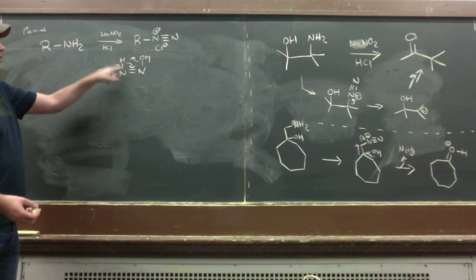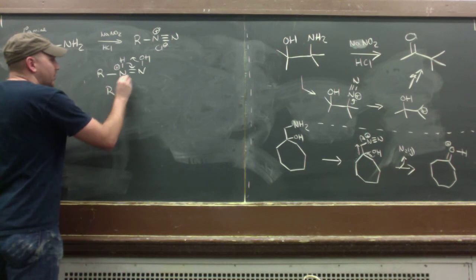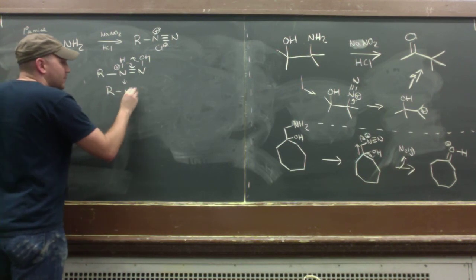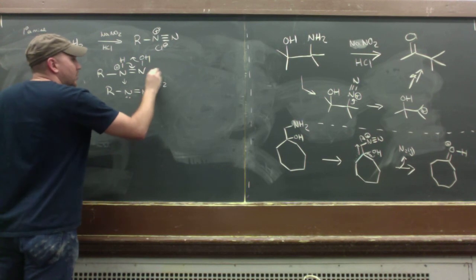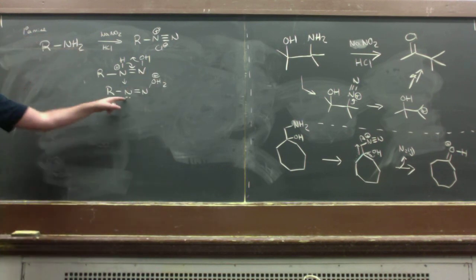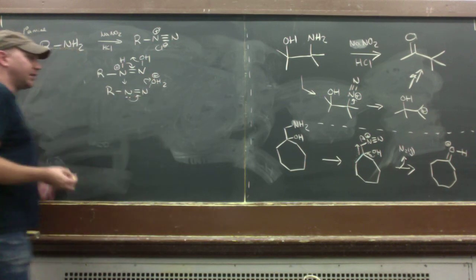But you need this proton here at some point, or I should say, if we go to the intermediate, that's probably the better way to draw it. We need a set of lone pairs here that could effectively push out that water to get us there.